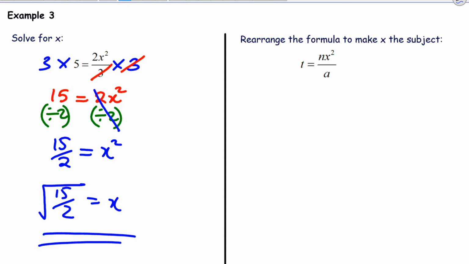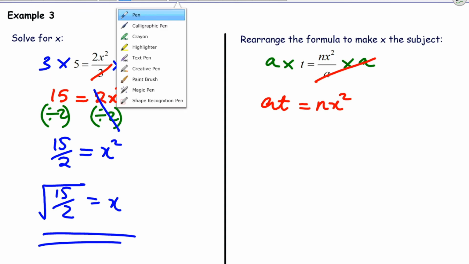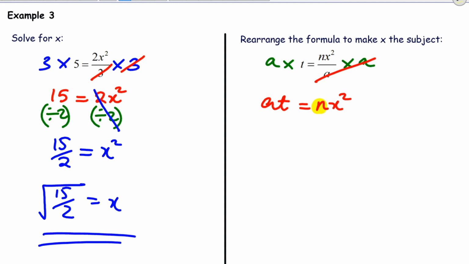We can apply the same process on the right hand side. Multiply by a. a divided by a will be equal to 1. So we're just left with at is equal to nx squared. And x is multiplied by n.